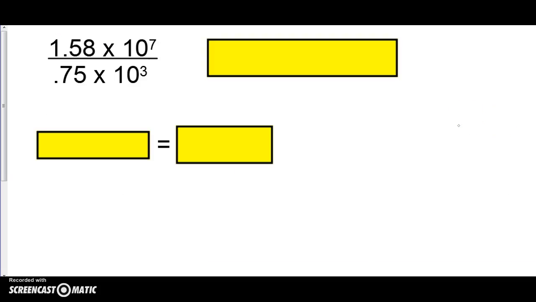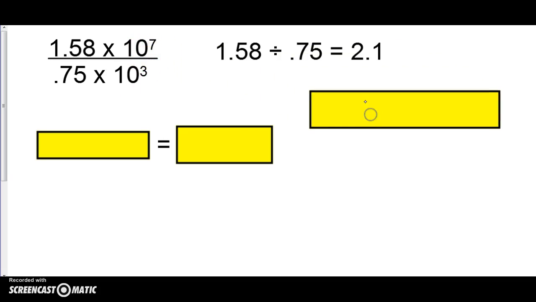All right, now we're going to try to divide two numbers. This time again, we're going to divide the first factors together and then divide the exponential numbers together. I did it in the calculator, and 1 58/100 divided by 75/100 is 2.1.